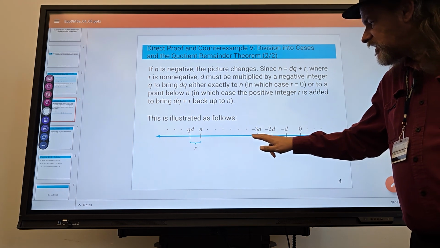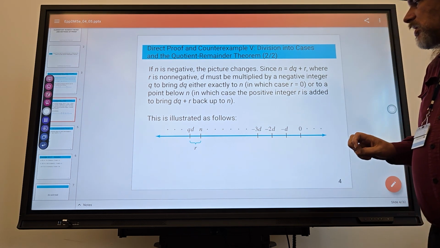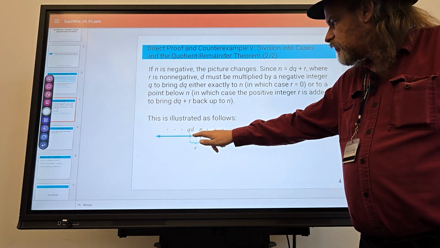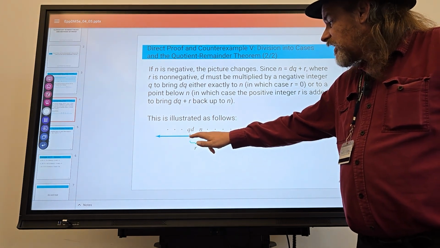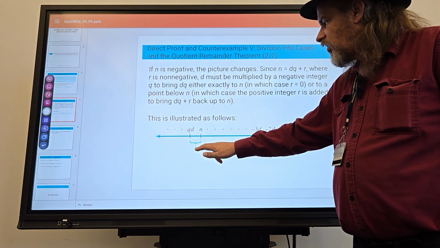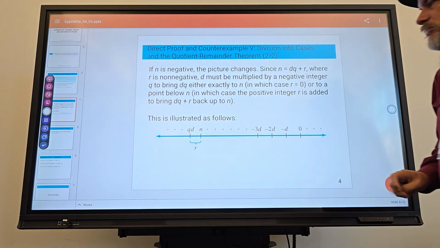So some negative integer times d is less than n, and plus r brings it back to n.